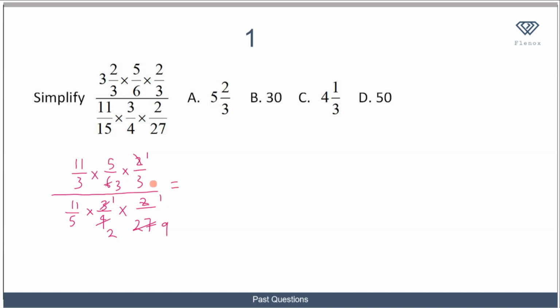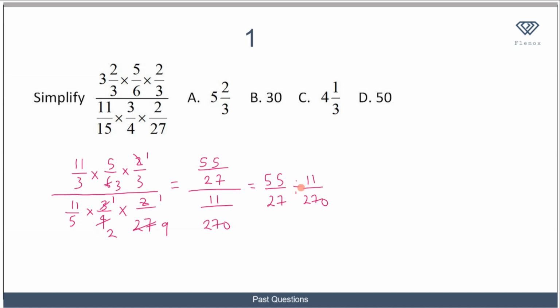So you are left with, in the numerator, 11 times 5, which is 55, over 3 times 3 times 3, which is 27, then everything over 11 over 5 times 2 times 9, and that will give me 270. So this is the same as writing 55 over 27 divided by 11 over 270.